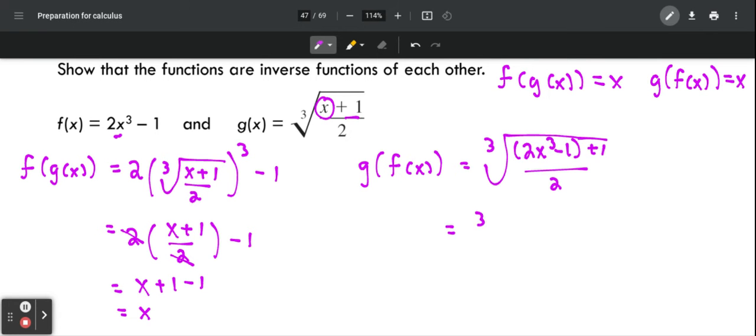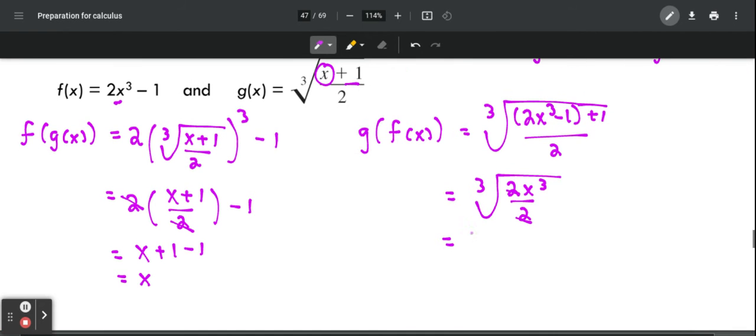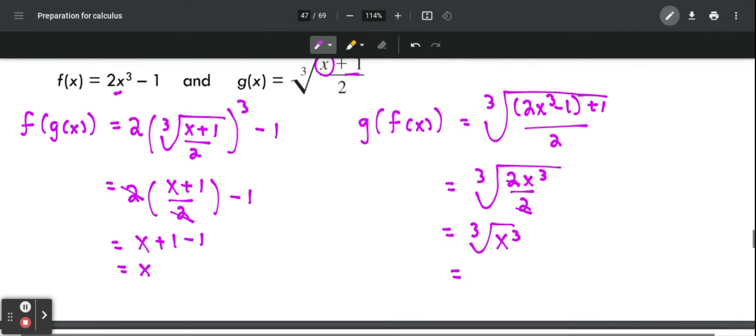So we have the cube root. The minus 1 plus 1 simplifies, so 2x cubed over 2. The 2's simplify, so we're left with the cube root of x cubed, which is just x. So that also simplifies down to x. So then we know that f and g are inverses of each other.